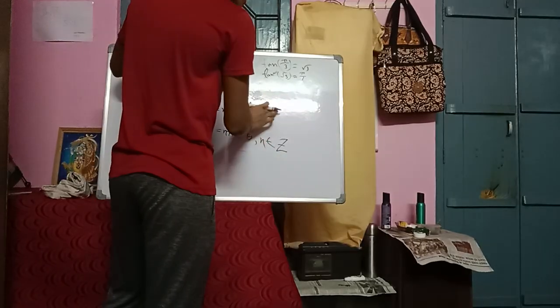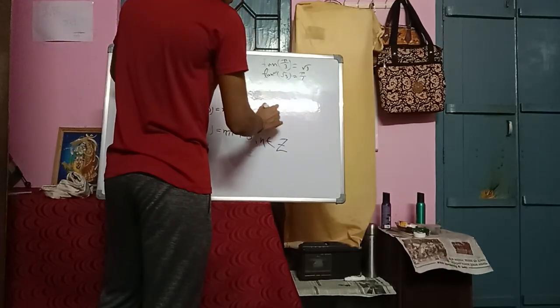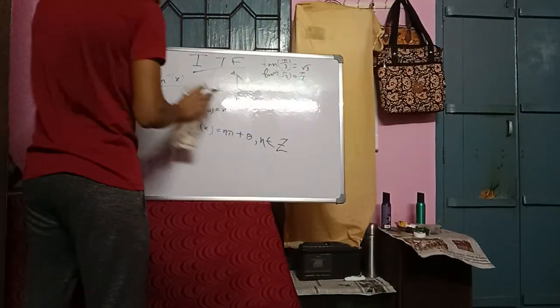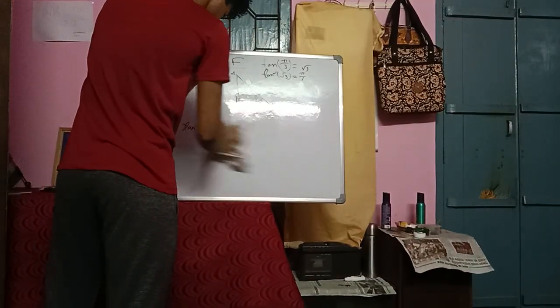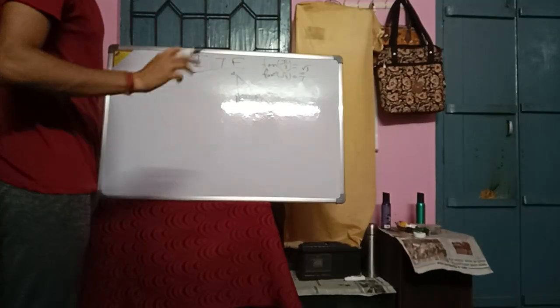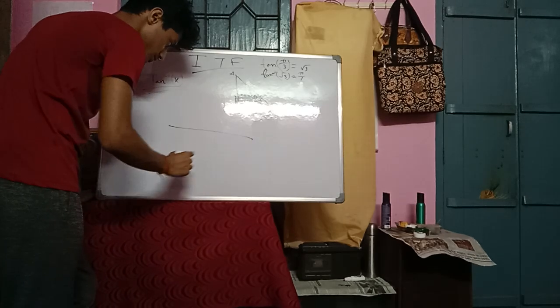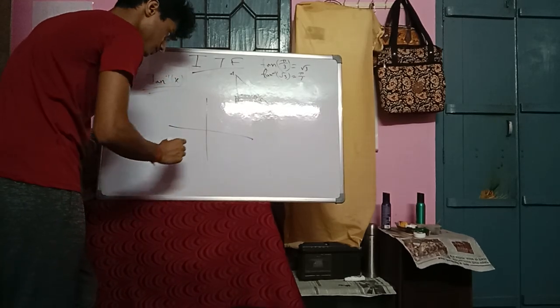And how are we going to find out about that? That has to be with the help of the graph of the tan function. The tan theta function looks like this.